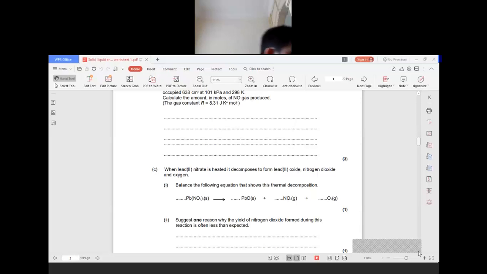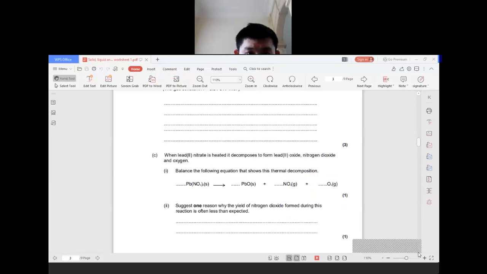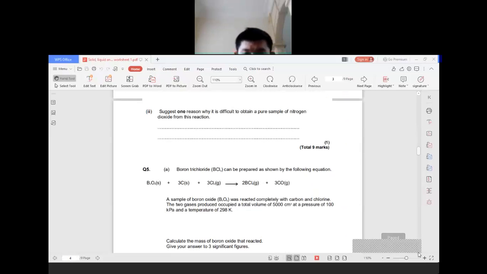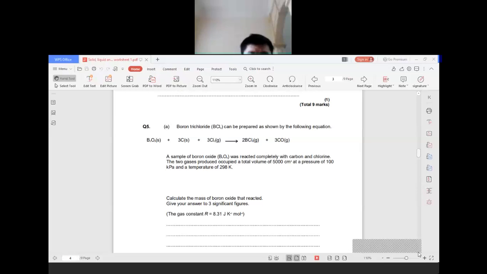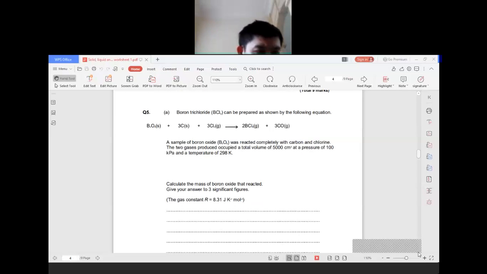Next, boron trichloride can be prepared as shown by the following equation. Number 5, boron trichloride.